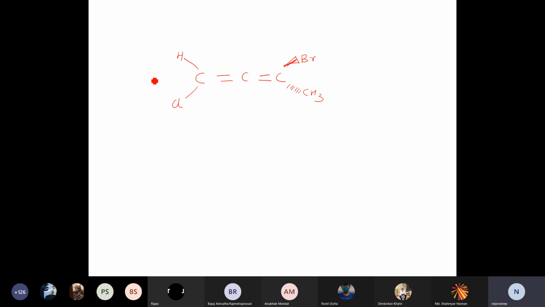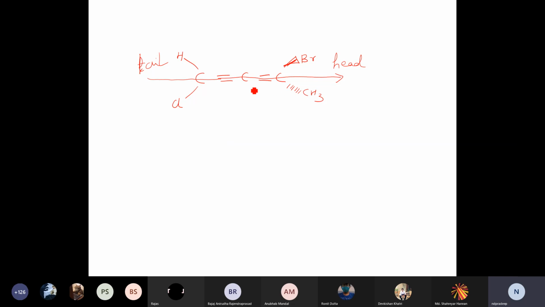The strategy I am going to use is the idea of looking at the molecule in this fashion. This will be the head for me, as I told you in the earlier classes, and this will be the tail for me. Any doubt with this?